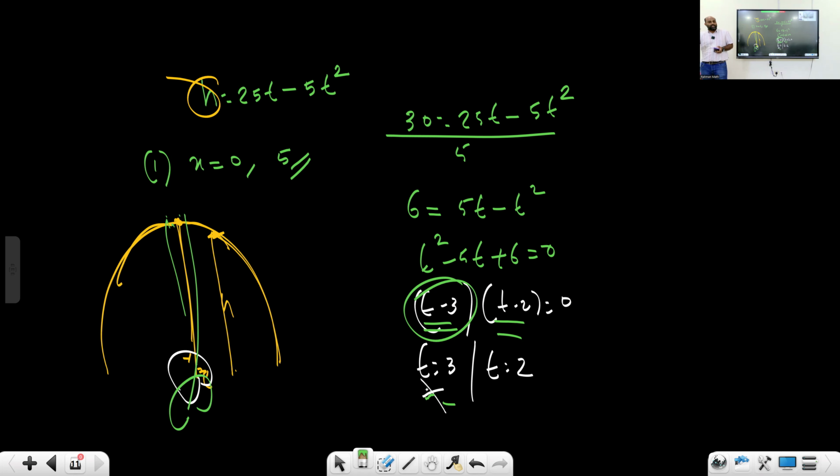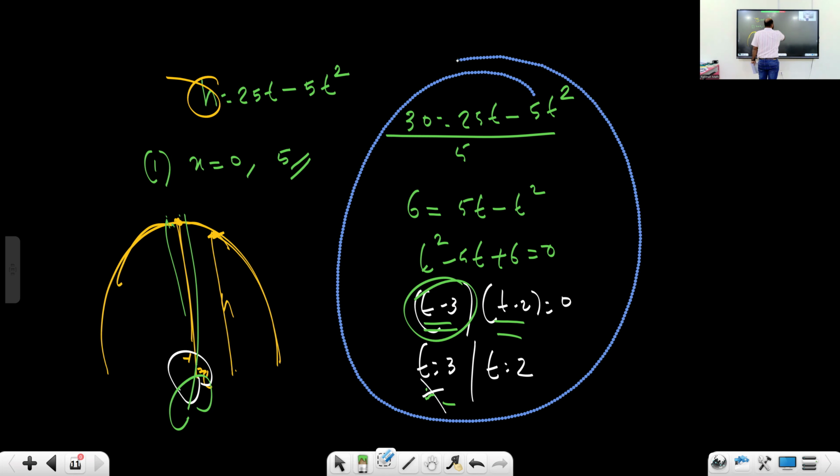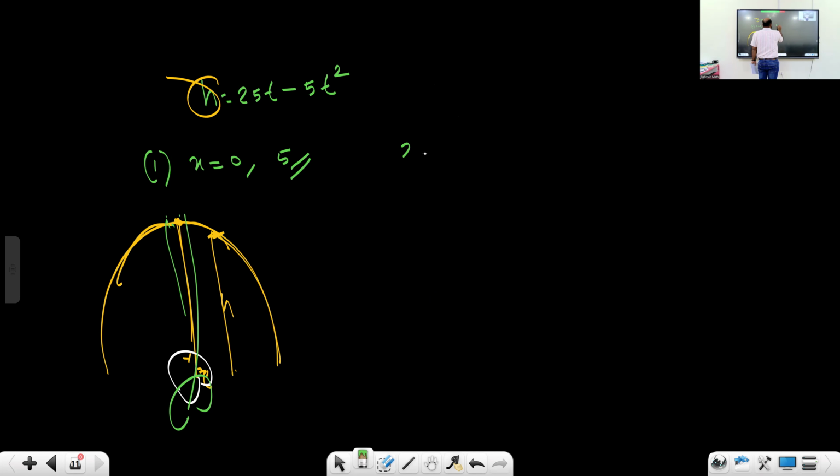Here you need not reject anything, just find it. When h equal to 20, practice this two questions everyone. Chances that they will ask, be careful. Substitute h equal to 20: 20 equal to 25t minus 5t square.